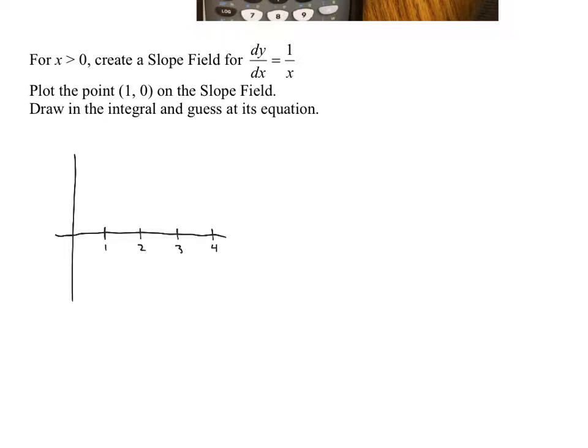When x is 1, the slope is 1. So here's a slope of about 1, and it would look that way for all of these. By the way, all of you should be able to do this if asked.